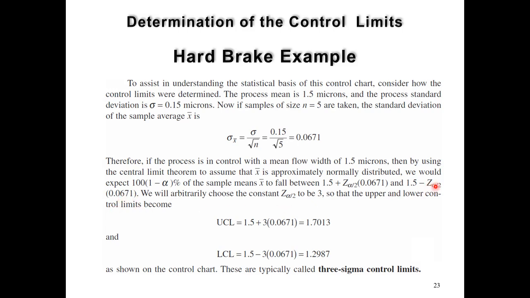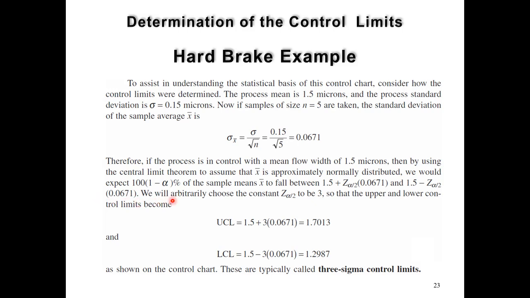Remember you are dealing with two limits, you have upper and lower limits. So your level of significance alpha will be divided by 2. I do hope you are clear on all this, which is the application of normal distribution as well as sampling distribution.